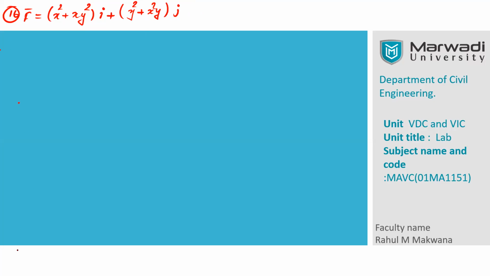Find scalar potential function. So let us find curl of f is i del by del x, coefficient of i, j del by del y, coefficient of j.